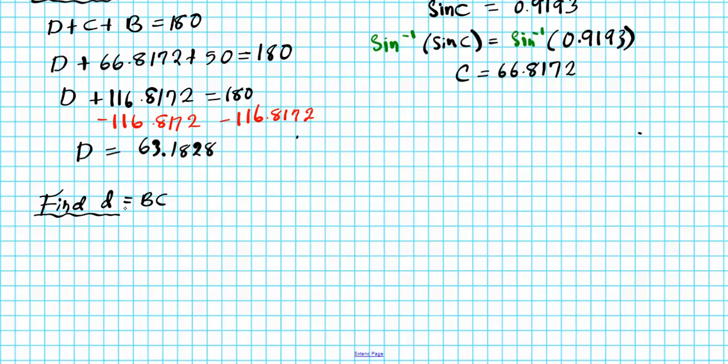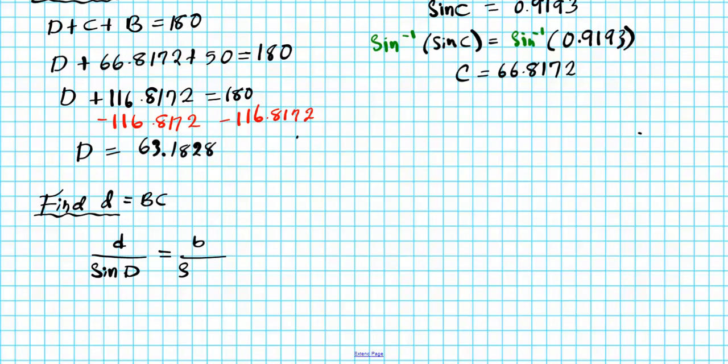Since I'm looking for a side, I'm going to use the abbreviation of the law of sines where the sides are on top. So little d over sine of big D is equal to, I'm going to use the b's. You could use the c's if you want. It's the same thing.